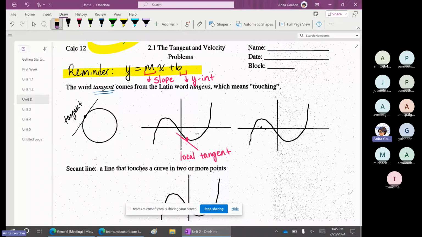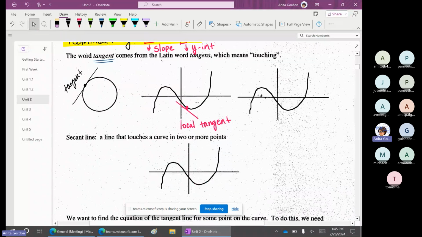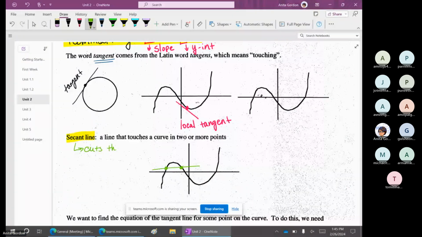Okay, now a secant line is a line on a curve that touches it in two different points. For example, I'll use a green one here. I could say these 2 points, the secant line is the line that cuts through 2 points.